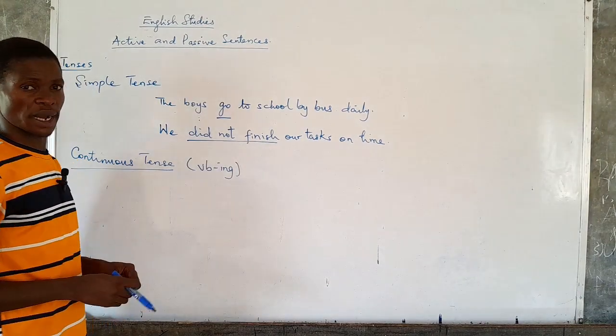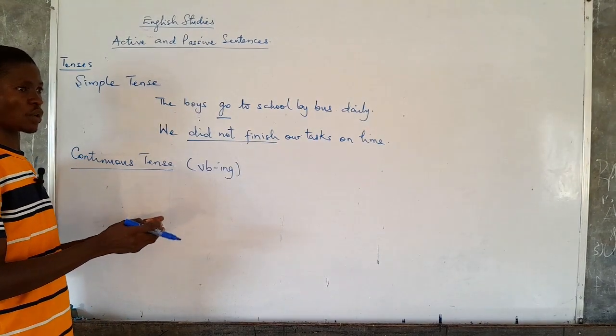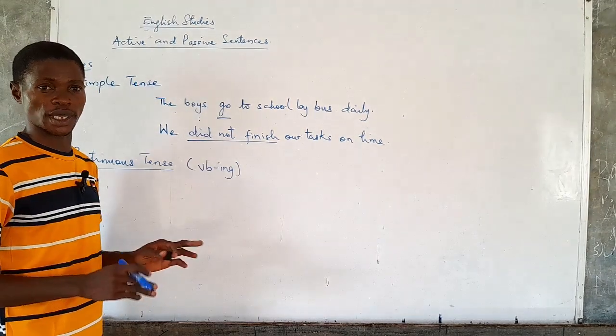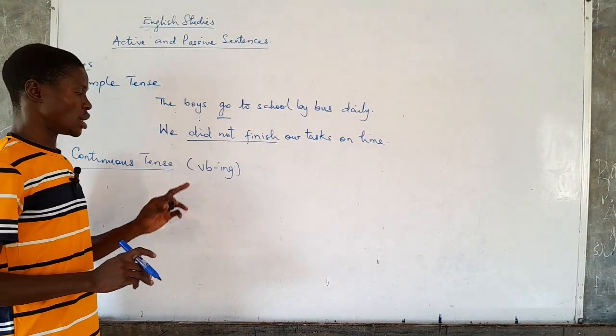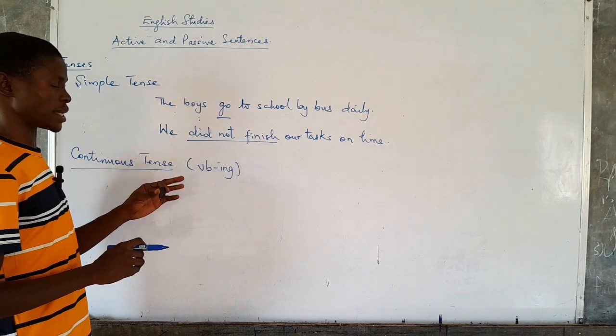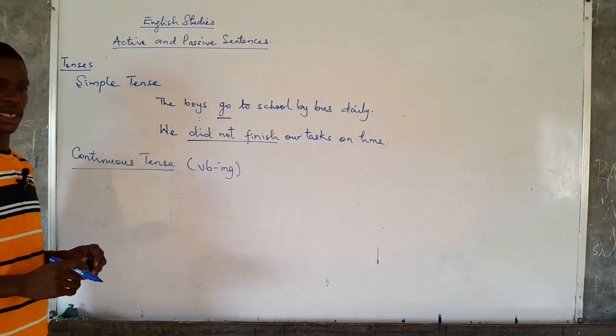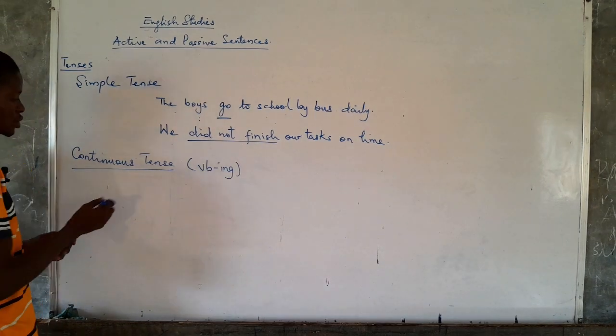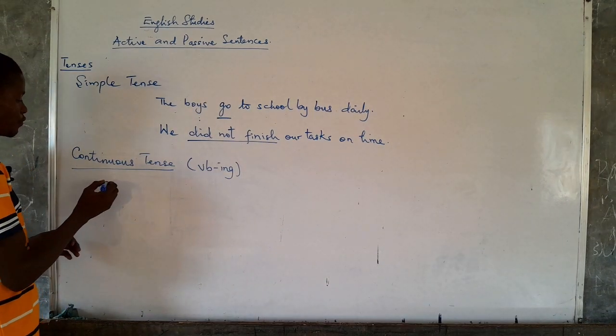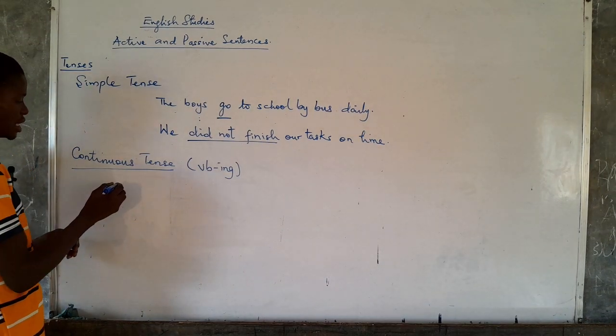What is called verb ing? We are basically talking about the verbs that end with ing. When do we determine that verbs ing are used as continuous tense? That is exactly when we are talking of the usage of the following primary auxiliaries.